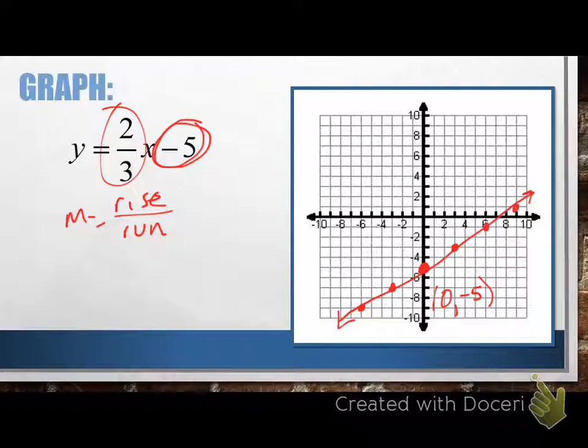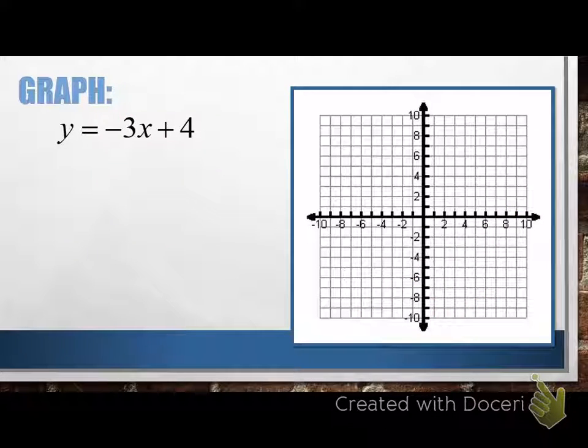Okay? And there you go. Now, do you need 6 points to graph a line? No. A couple, 2, 3 would do. But I just wanted to make sure that we understood that you can slope out a line all the way through the coordinate plane if we wanted to.